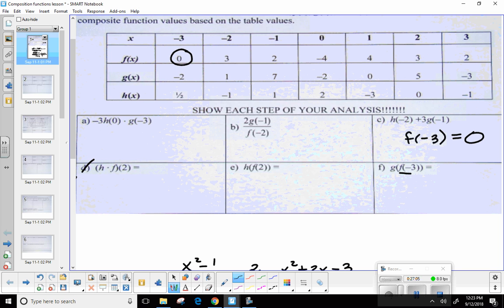So all I'm going to do is replace f of negative 3 with that value that I just found. And now I'm going to evaluate g with that answer. So now what's g of 0? g of 0 is negative 2. That's my answer. That is g of f of negative 3.